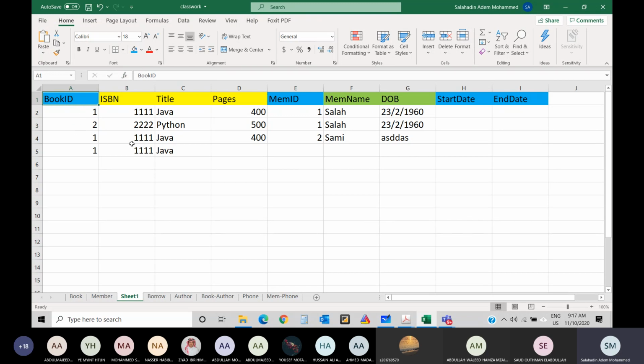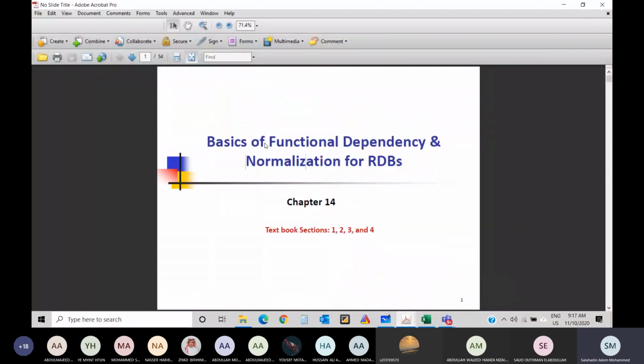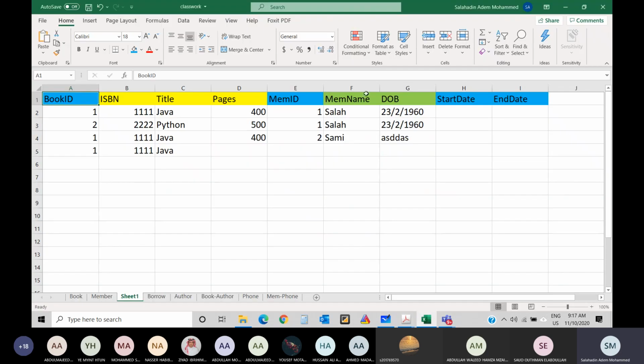Okay, so this is how you should do them. You should understand something called functional dependency. Let me go through the slides quickly. So, basics of functional dependency. Functional dependency, which I have not talked about up to now, will show you which column should go to which table. For example, here there are so many columns.